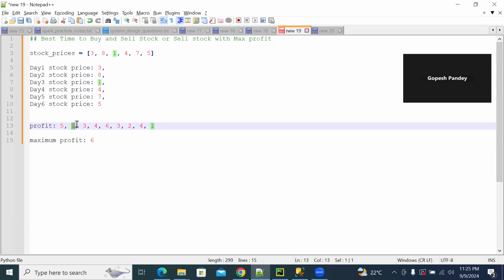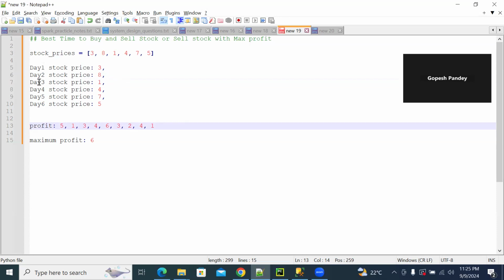So we are just noting that profit here. Similarly, on day 4, if you buy stock on day 2 at 8 rupees and sell on day 4 at 4 rupees, then you get a loss of 4, and we are not capturing that loss here. So let's switch to the next one.